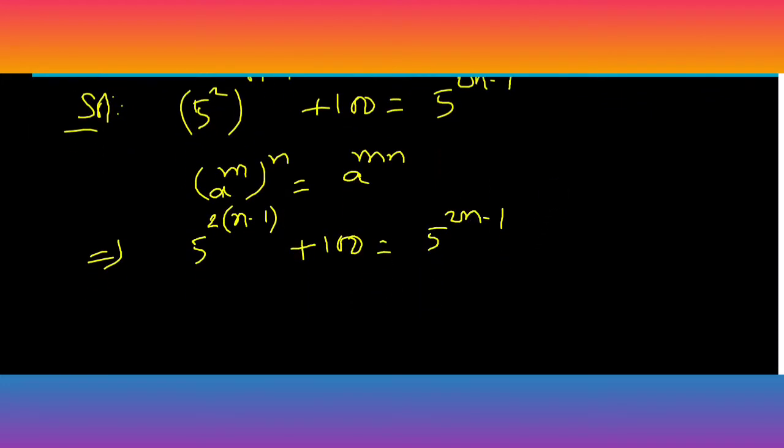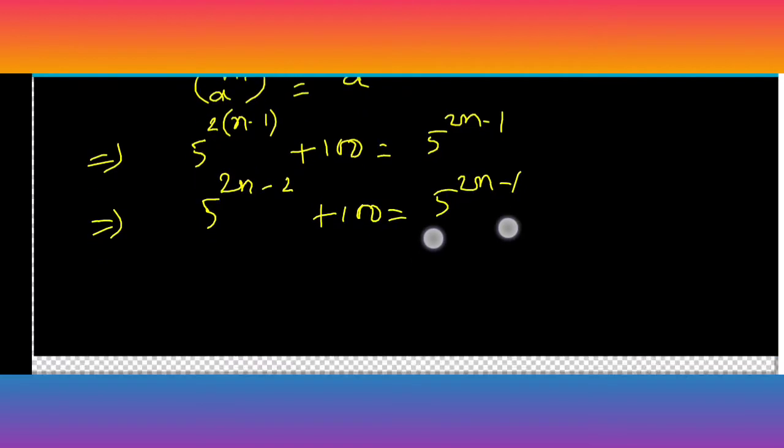Now by simplifying this one, 5 to the power of 2n. We just multiply, no need of any identity: 2 into n is 2n, 2 minus 1 is 2, by multiplying with 2. Okay, so plus 100 is equal to 5 to the power of 2n minus 1.